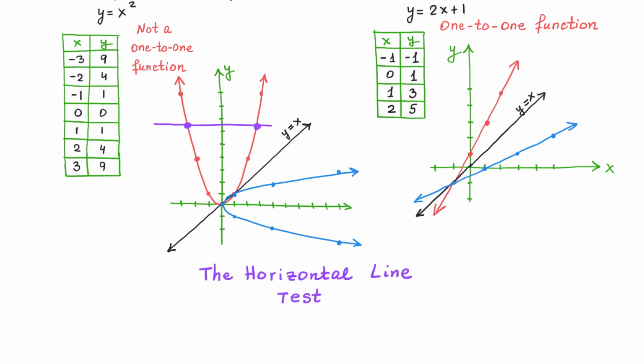But now let's look at the graph to the right. Here, if we draw a horizontal line, then this line will cross the graph only once. Therefore, this is a one-to-one function and it's going to have an inverse.